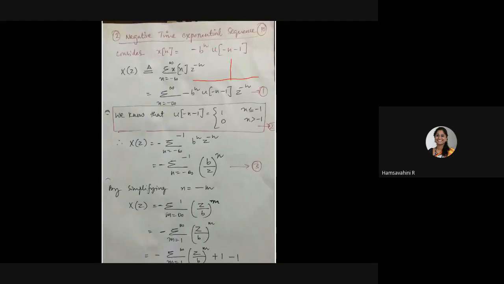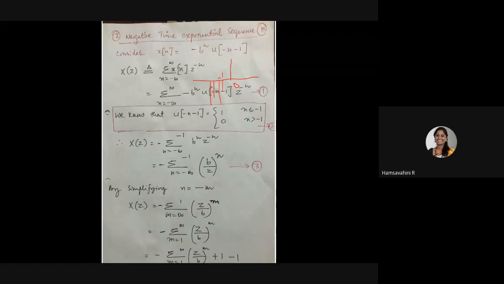So that means u of minus n minus 1 will be from n is equal to minus 1 to minus infinity. So you will get the graph like this. This is 0. This is at point minus 1. So it is from minus 1 to minus infinity.